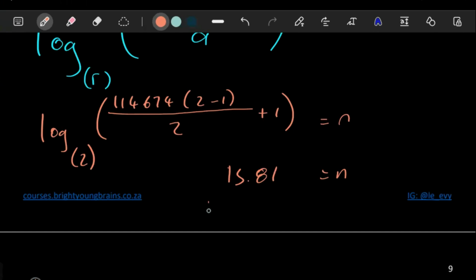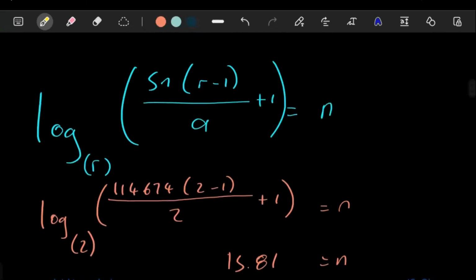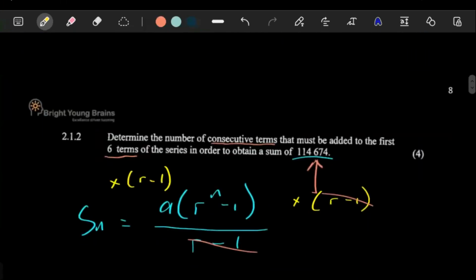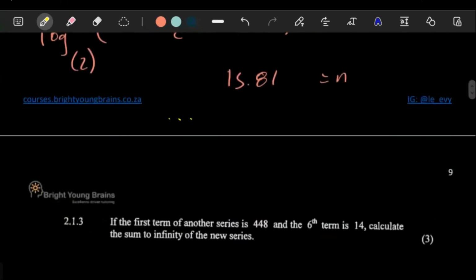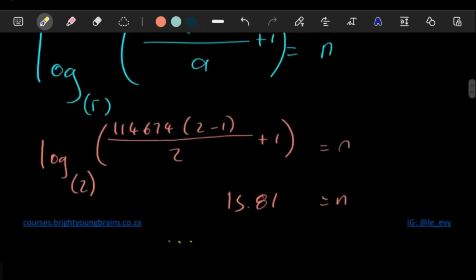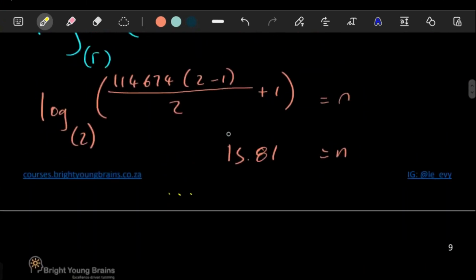15.81. However, you cannot be adding up 15.8-something terms. You can only add up full values, like 1, 2, 3, or 5 terms, going on and on. So since you have to add up 15 point something terms to get this amount, technically speaking, you would need to have added up 16 terms.